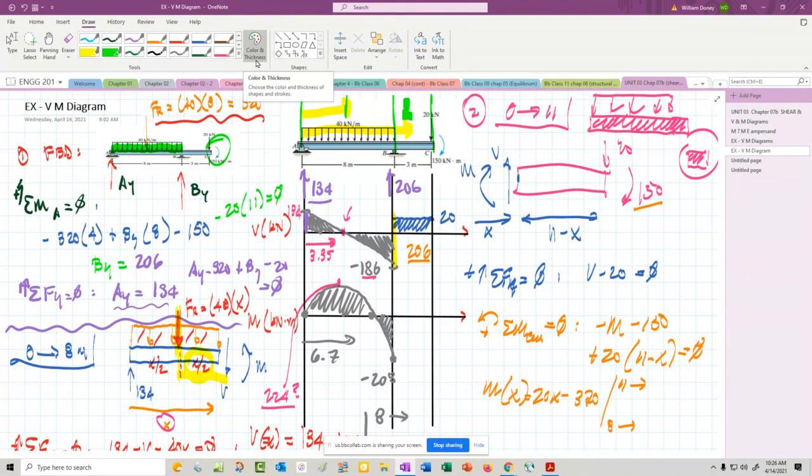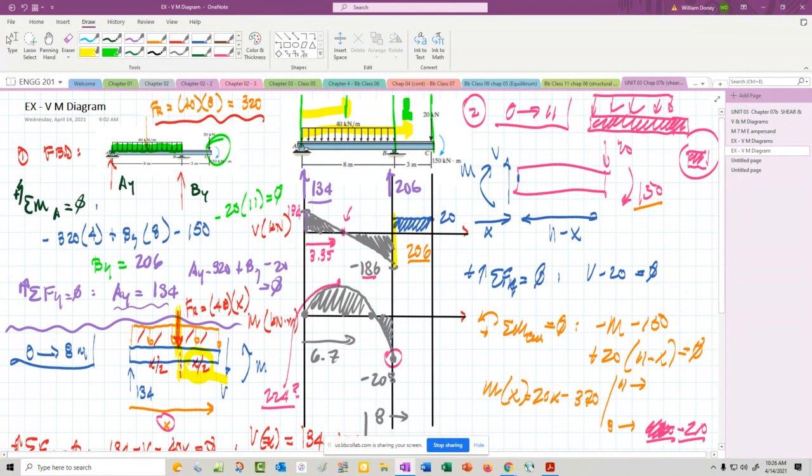At 8, that's 160. We should still get minus 210, which corresponds to this.